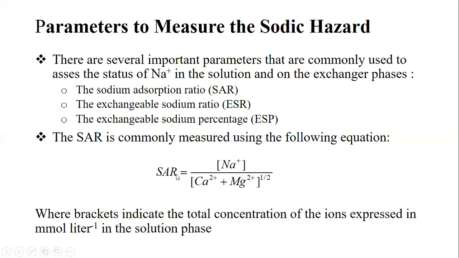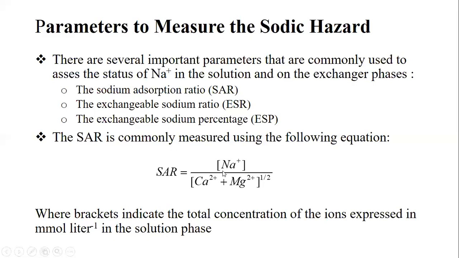So SAR is defined as the total concentration of sodium in the solution over the total calcium plus magnesium together, and you take the square root of those. The brackets indicate the concentration of all of them in millimole per liter. So you can see that this is carried out in the soil solution or irrigation water.